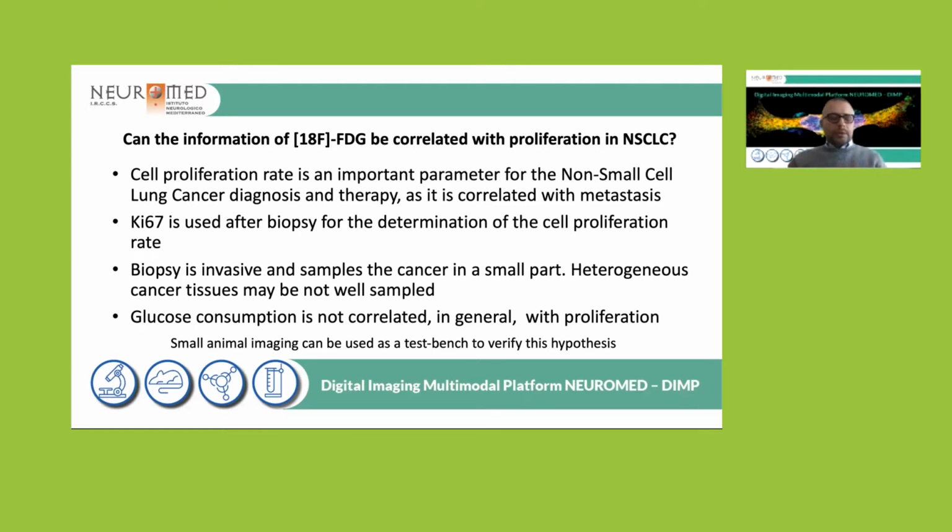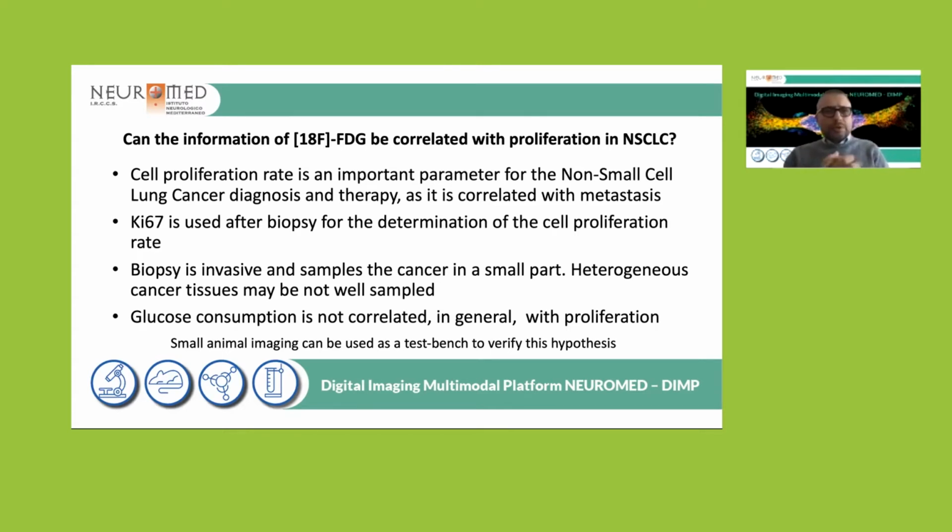Now, the key point is that usually we do biopsy. In biopsy, we use Ki-67 for the determination of the cell proliferation rate. Biopsy is very invasive. However, you need to sample the cancer in a very small part, so heterogeneous cancer tissues may not be well sampled.